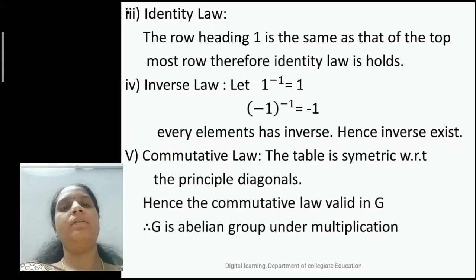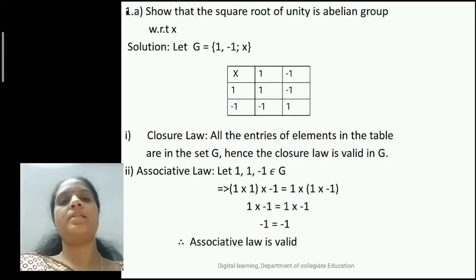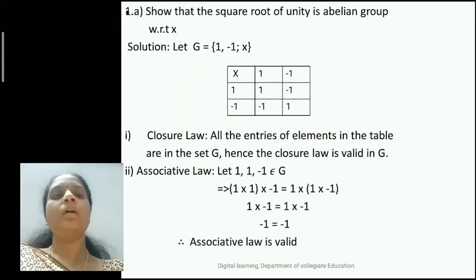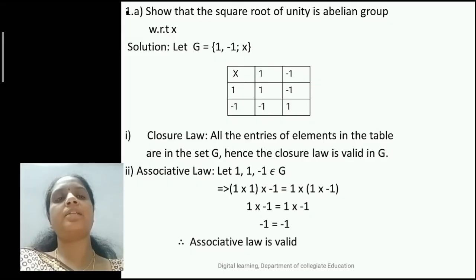Next, we will verify the identity law. To prove the identity law, again take the help of the chart. The topmost row is 1 and -1. The same elements are repeated in the second row.